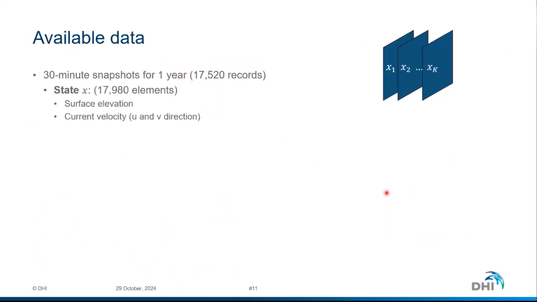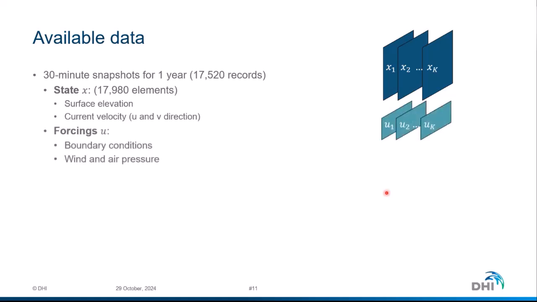We have done a 1-year Mike 21 simulation for this domain, taking a snapshot every 30 minutes. That leaves us with 7,520 records of the state. The state consists of the surface elevation and the two components of the current velocity.